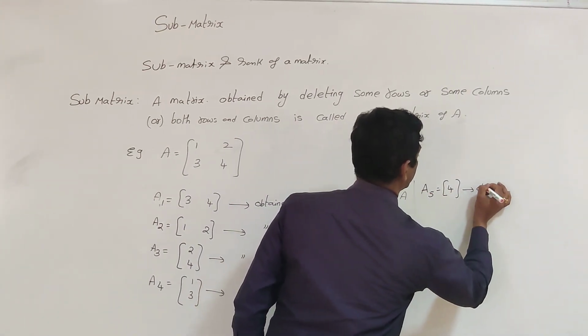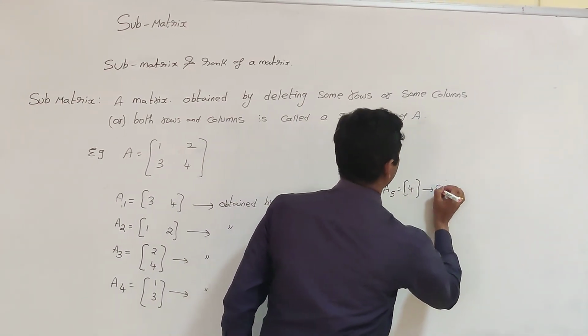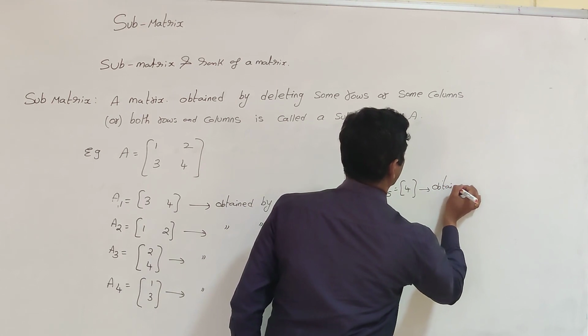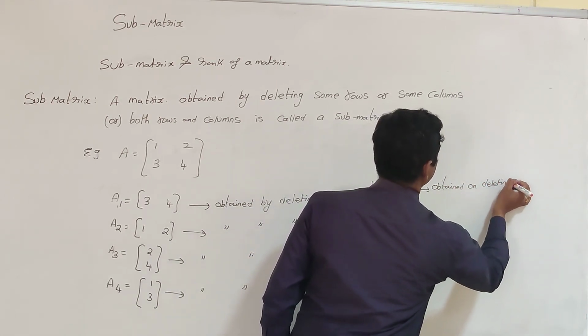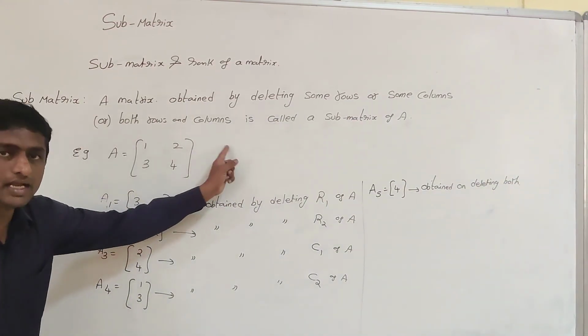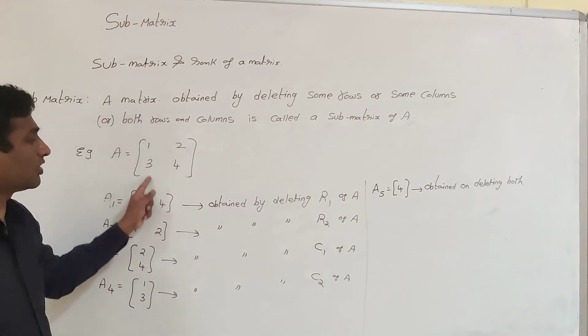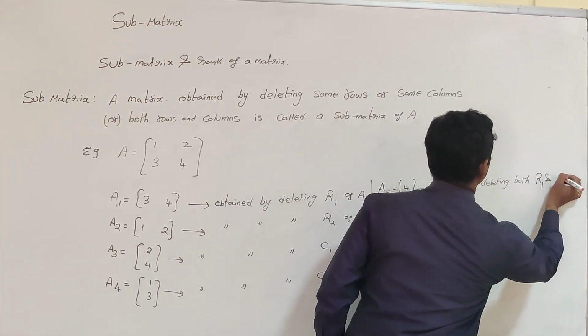It is obtained on deleting both the elements of row 1 and elements of column 1, both R1 and C1.